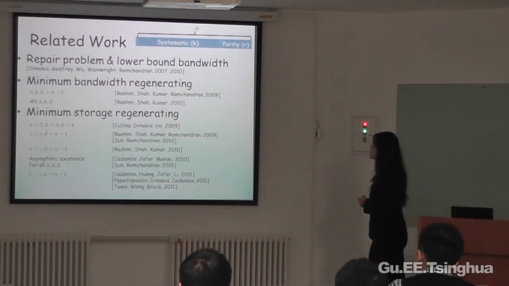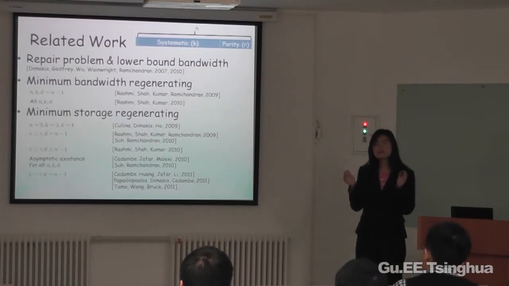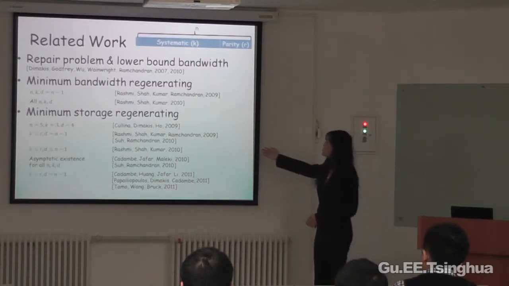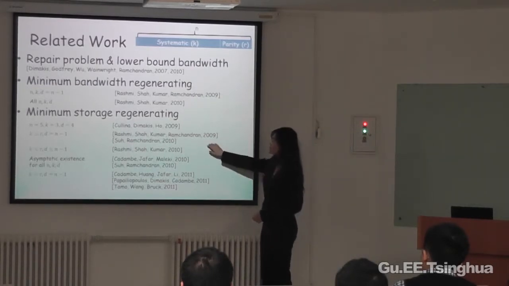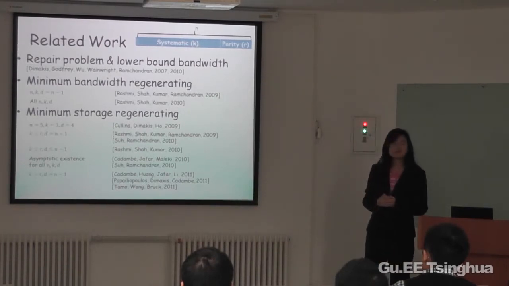And then there is work for the case where k is less than r, which means you have a small number of information bits and a large number of redundant bits. In such a case, there are codes constructed by Rashmi et al., Suh et al., and others, and they show that the lower bound is achievable.